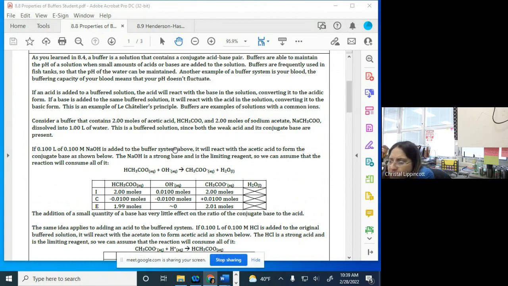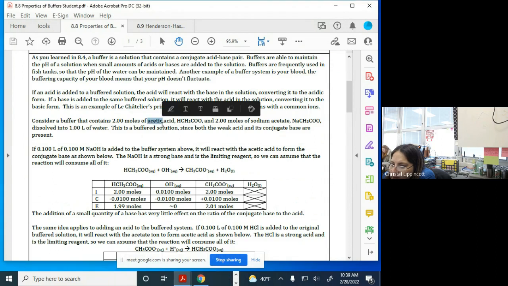So if we have a buffer system that has 2 moles of acetic acid and 2 moles of acetate in 1 liter of water, essentially we've got 2 molar acetic acid and 2 molar sodium acetate. That's going to create a buffer system because we've got this common ion here.